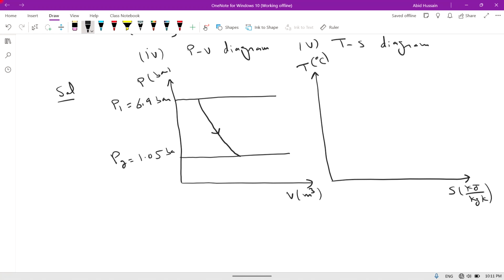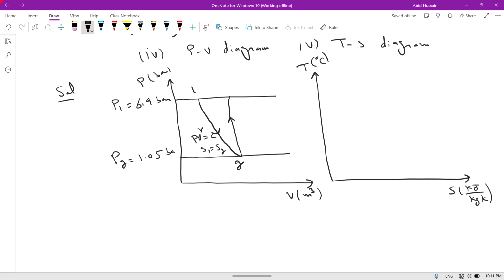This is adiabatic expansion, PV gamma equal to C, or S1 equal to S2. The second process is according to the law PV^1.4, from 1.05 bar pressure to 6.9 bar.